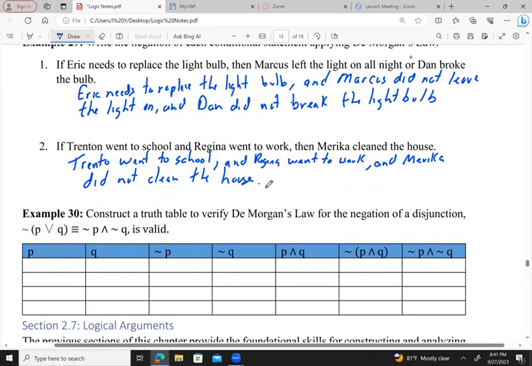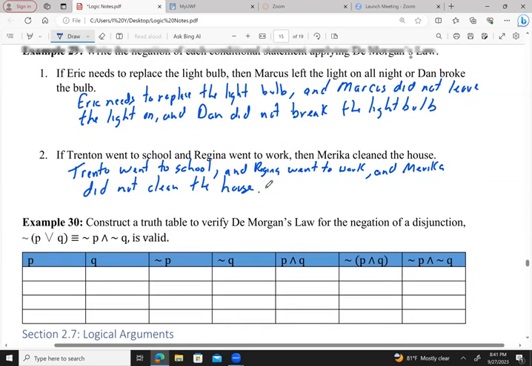So let's not take this for granted. Let's look at it and see that it's true. So we're going to construct a truth table to verify De Morgan's law for the negation of a disjunction. So essentially what we're going to try to see is if this is the same as this, because that's what De Morgan's law says.